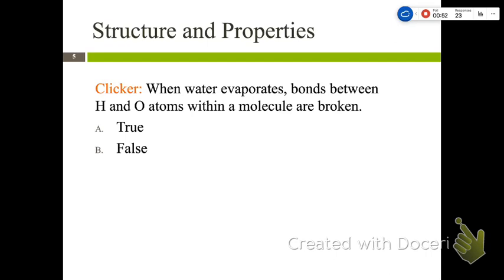Does anyone disagree? So maybe that's a group trying to find the phase change.